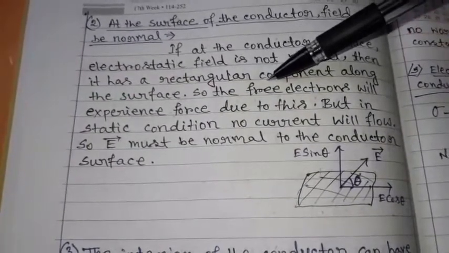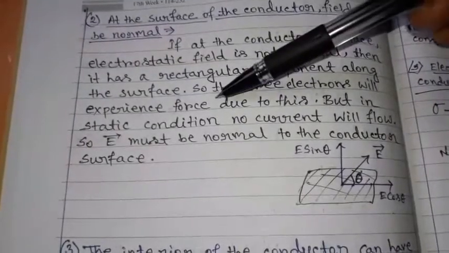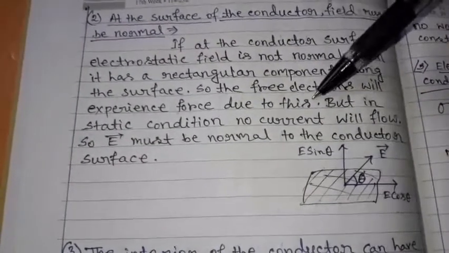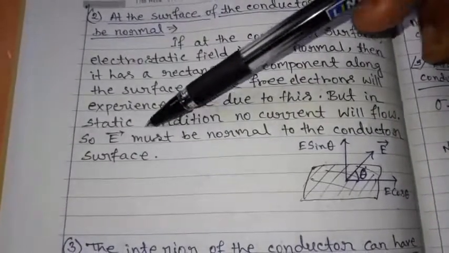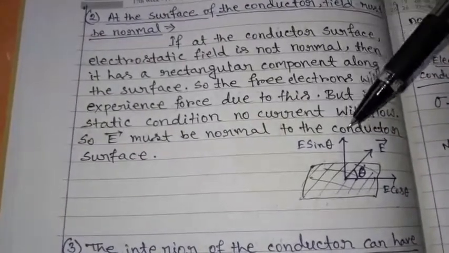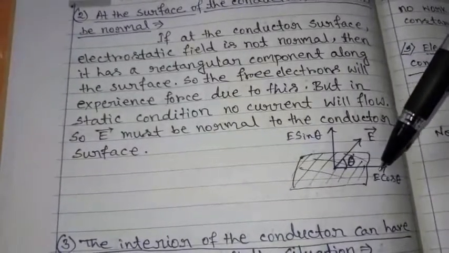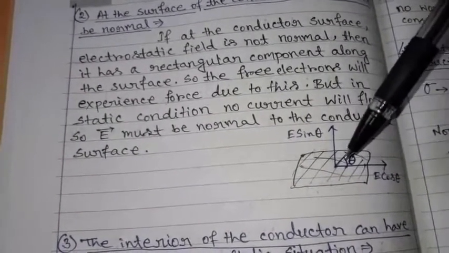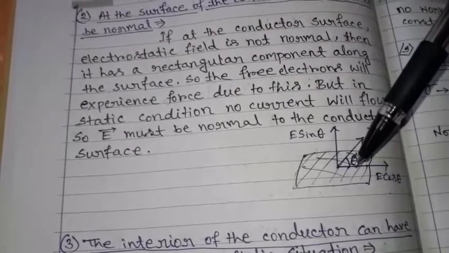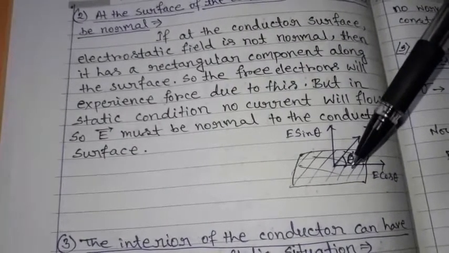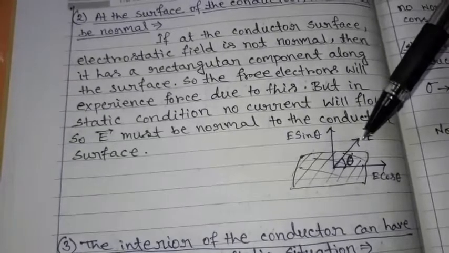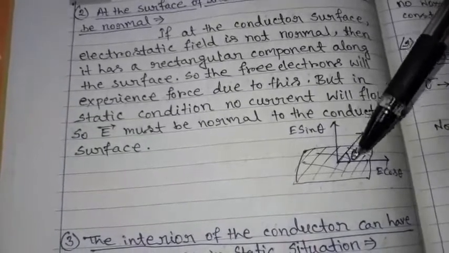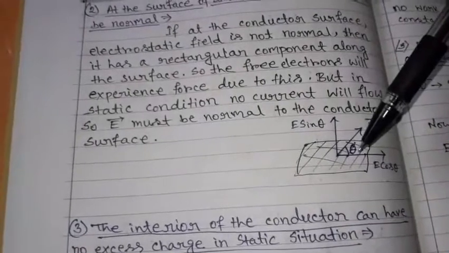So the free electrons will experience force due to this, but in static condition no current will flow. So E must be normal to the conductor surface. Here, due to this E cos theta component, the electrons will experience force and they will move, but in static condition no electron should move. So this electric field E must be normal; it should not make an angle theta at the surface of the conductor.